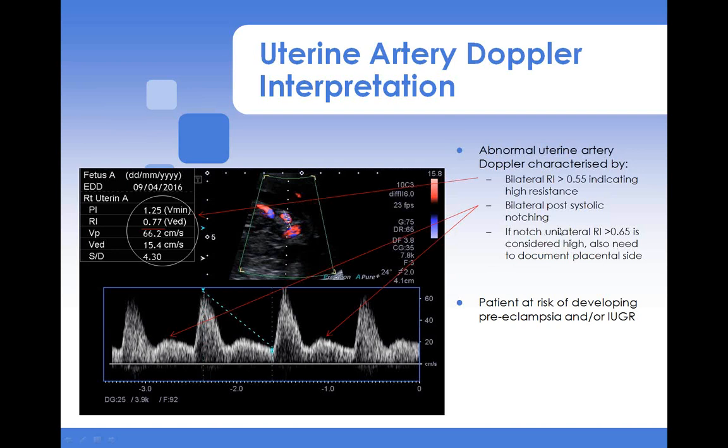But in the case of a unilateral notch, we need to document the side of the placenta, because if the placenta is on the opposite side to where there's notching, it might not be relevant. And a patient that shows high resistance with notching is at risk of developing preeclampsia and or IUGR.